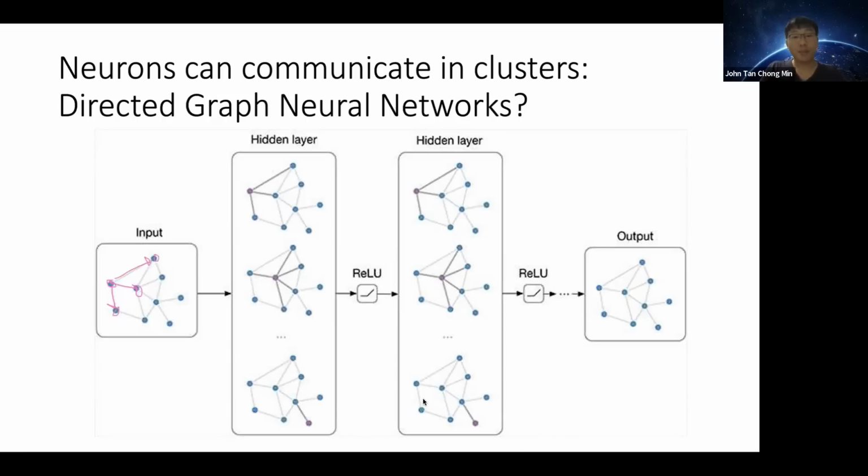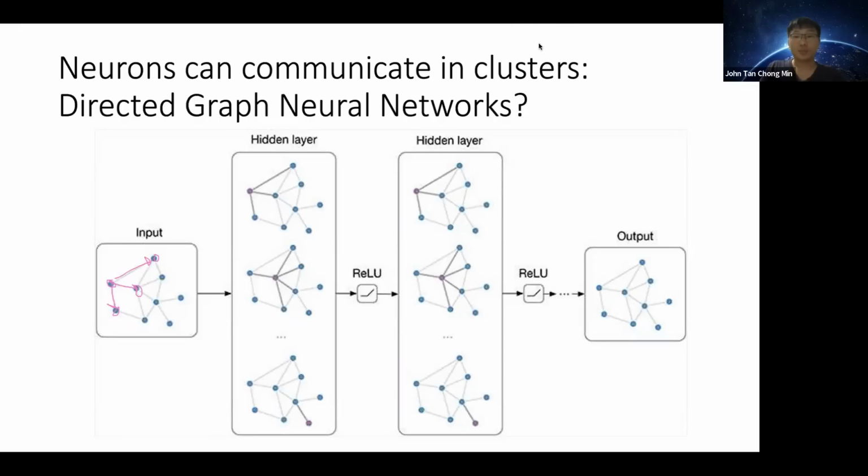So maybe if you model a graph neural network, you can model the neurons better. Maybe it can do more functions, but the downside is that it takes a lot more compute power. So this is another way of approaching how to mimic biological neurons more closely.